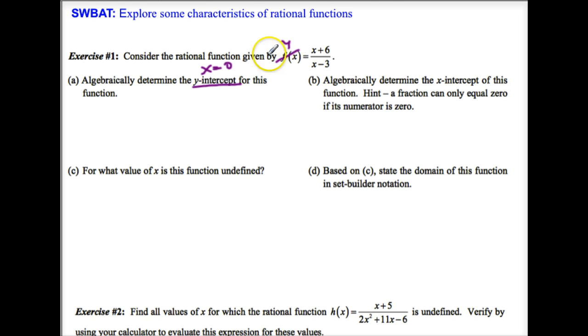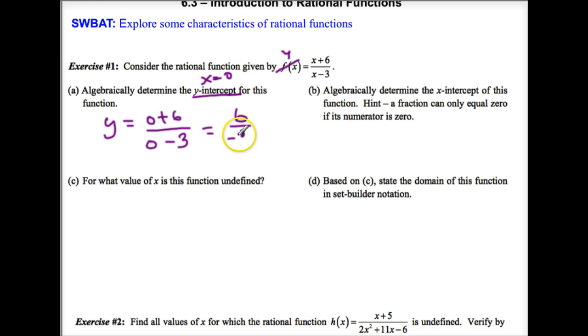So when is x equal to 0? I can make this as y equals 0 plus 6 divided by 0 minus 3, which I can go ahead and simplify, oops, that's a 3, as negative 2. And this is my y-intercept.